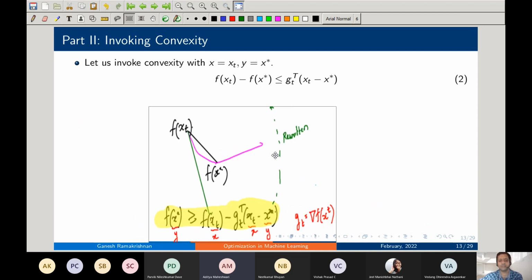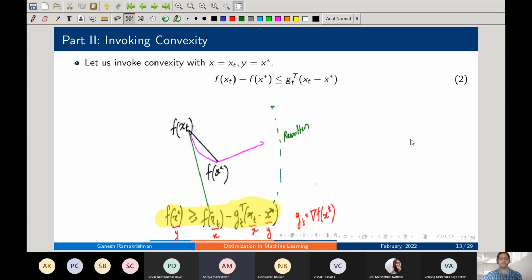You can see this image: f of xt, f of x star, and then there is this lower bound function. That same thing has been rewritten: f of xt minus f of x star is less than or equal to gt transpose xt minus x star. We were trying to get the green part, so this has been rewritten here.